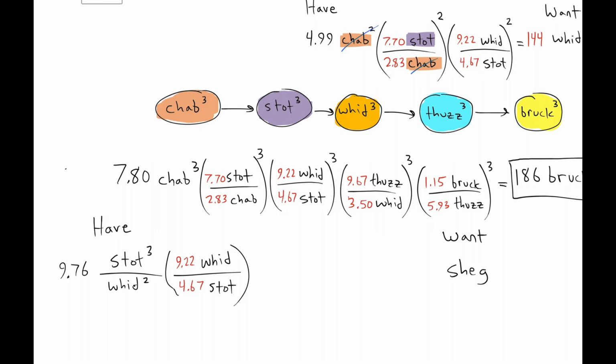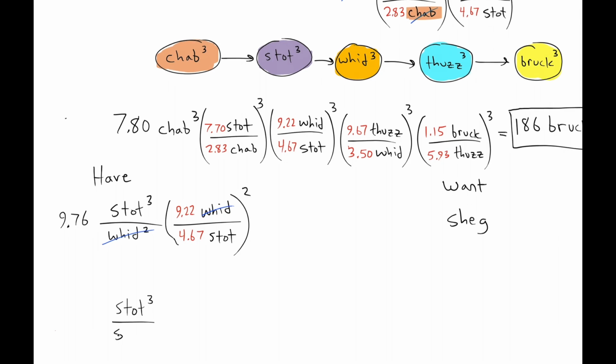Now we have wid squared below, so we are going to have to square this conversion factor so that our wid squared here will cancel with two wids above. This is going to give us stat cubed over stat squared. Of course, stat cubed over stat squared would be stat. So at this point, that's what all this will represent, a unit of stat.